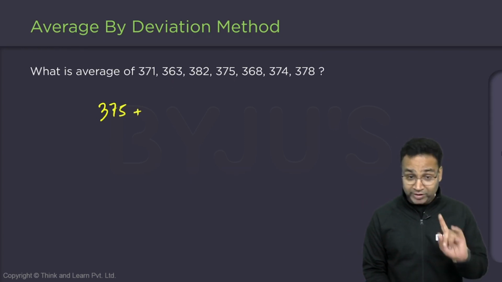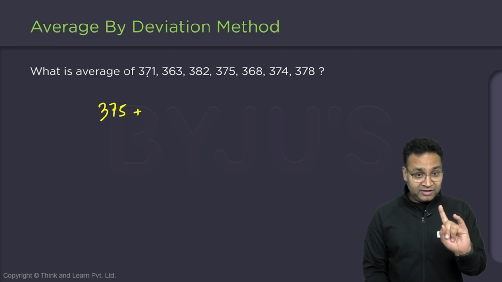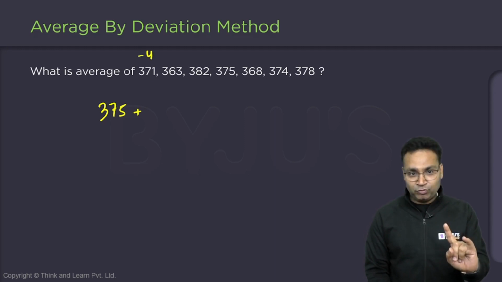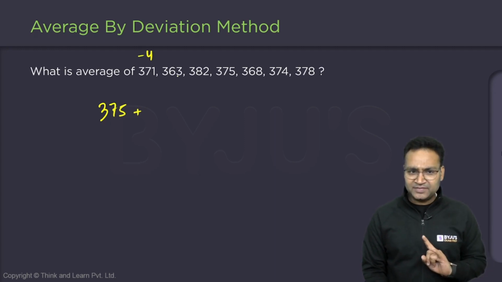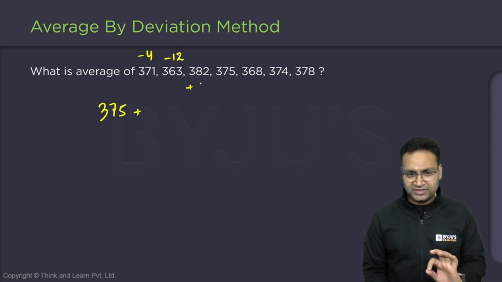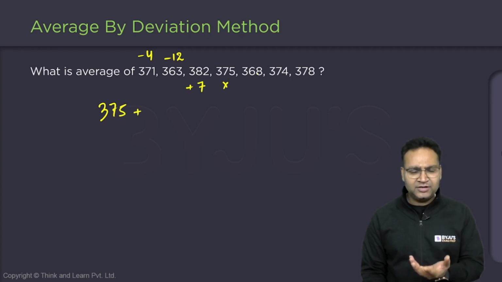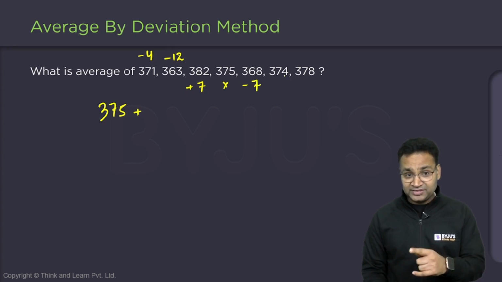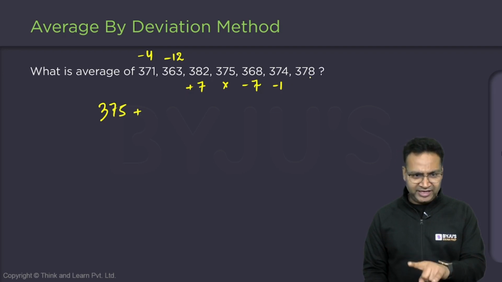Okay, now look at this very carefully. This number is 4 less than 375, this number is 12 less, 382 is plus 7, 375 is the same number, 368 is minus 7, 374 is minus 1, 378 is plus 3.